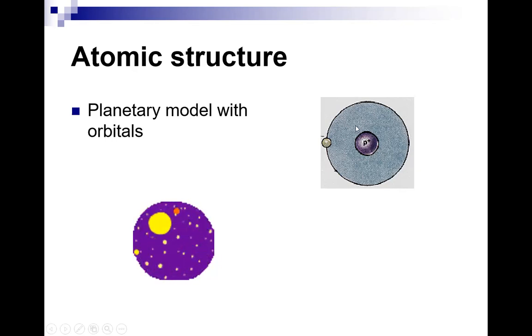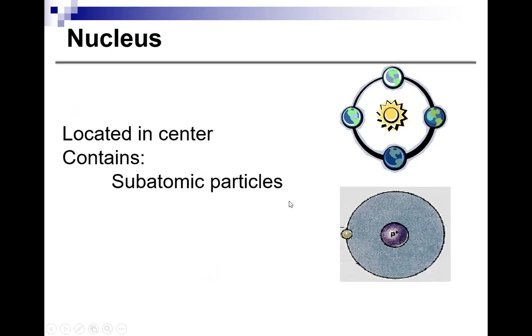The proton's in the nucleus, and the one electron inhabits this orbital right here. Like I said, does it truly run in a little track? No, it forms a cloud where it's moving in this general area, but this is the best way to represent it, so it's easy for you to work with and think about when you're working with atoms.